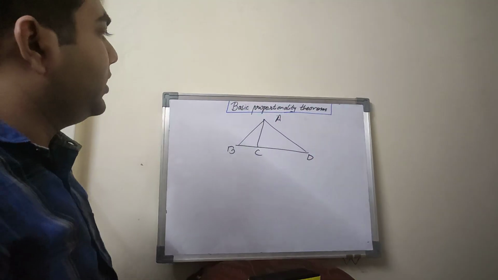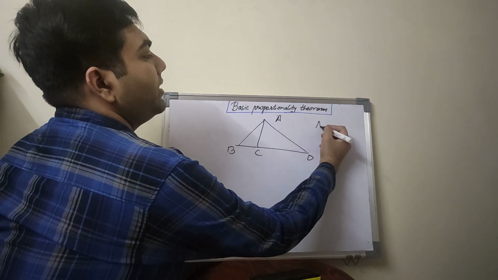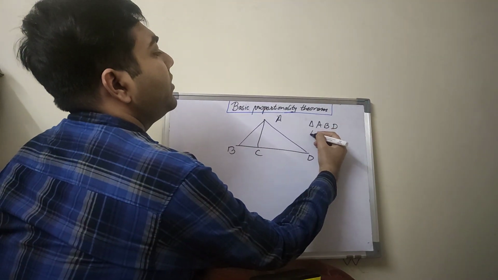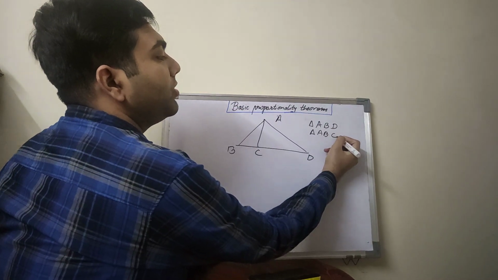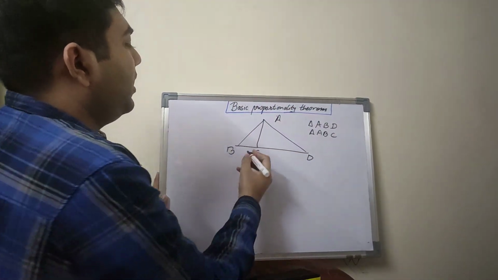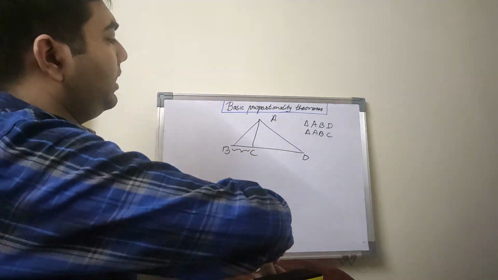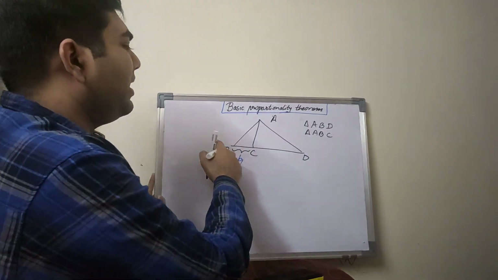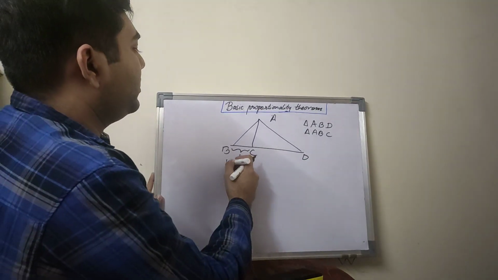Now if you look carefully, consider triangle ABD and triangle ABC. We are considering only these two triangles. What will be the base of triangle ABC? Let's say B1, and you can see BD is different.